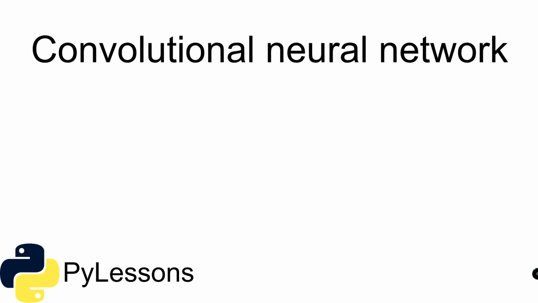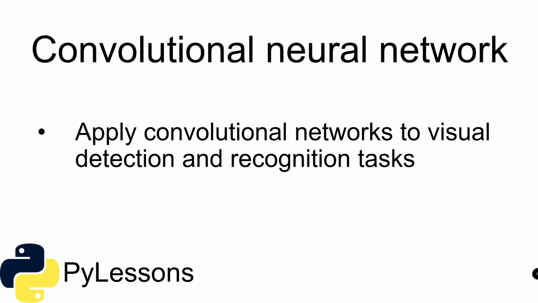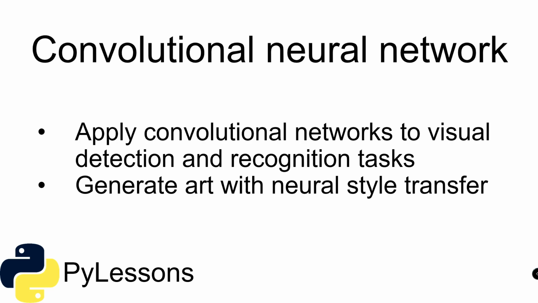Next, we'll make a convolutional neural networks tutorial series. In these tutorials, you will understand how to build a convolutional neural network, including recent variations such as residual networks. We will learn how to apply convolutional networks to visual detection and recognition tasks.